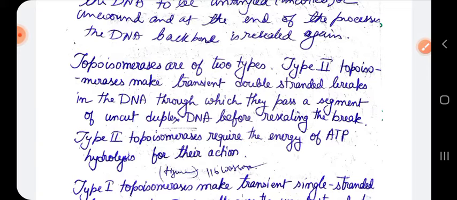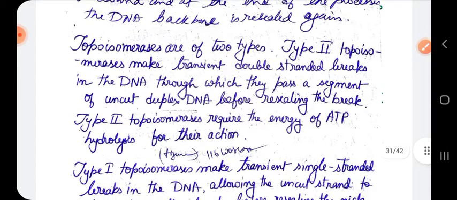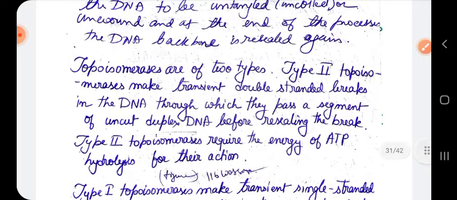So, what does type 2 topoisomerase do? They make temporary double stranded breaks so that they can pass a segment of uncut duplex DNA before resealing that break. Type 2 topoisomerase requires the energy of ATP hydrolysis for its action.